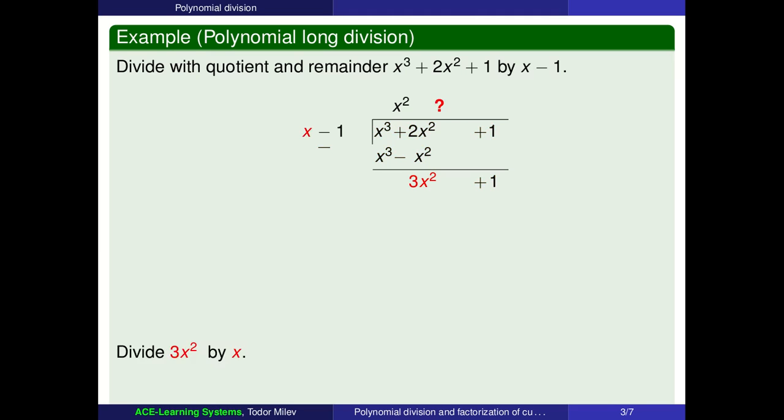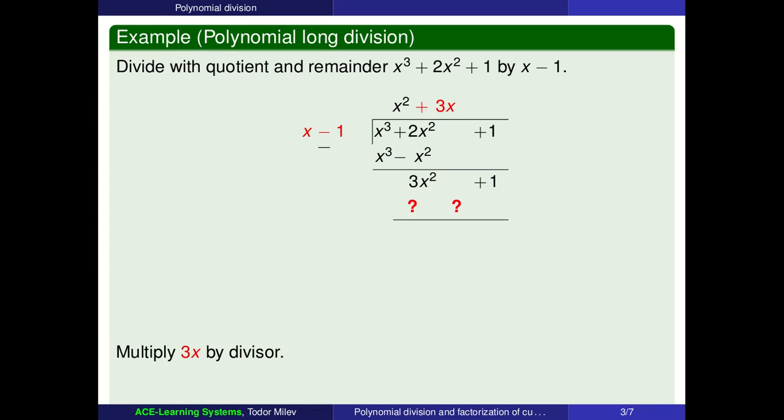So I identify the highest order term, that is 3x squared, and I divide it by the highest order term of the divisor. So I divide 3x squared by x, and the result that I get is, I'm sure you guessed it correctly, 3x.